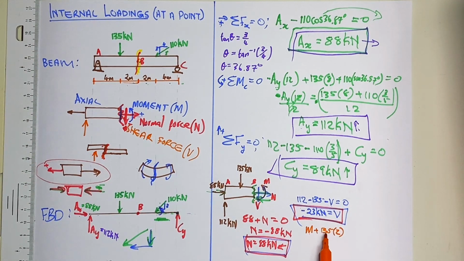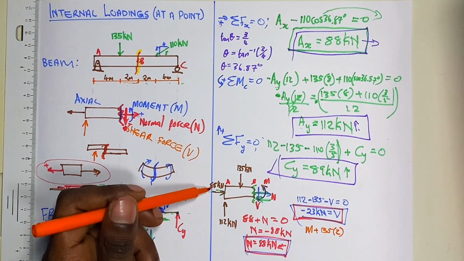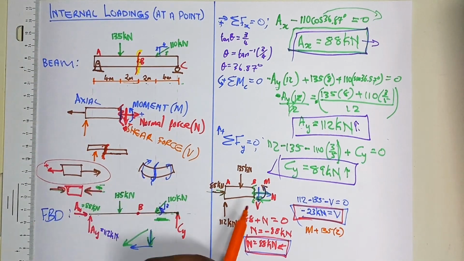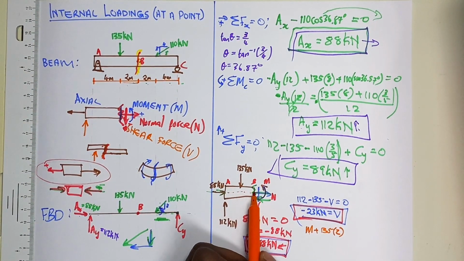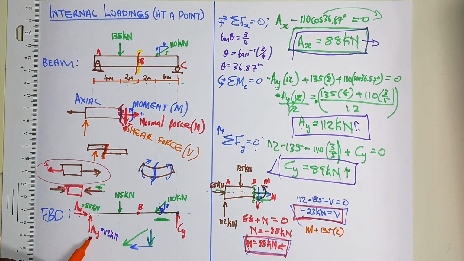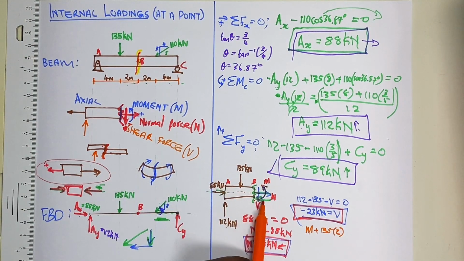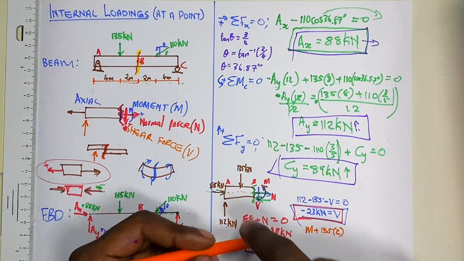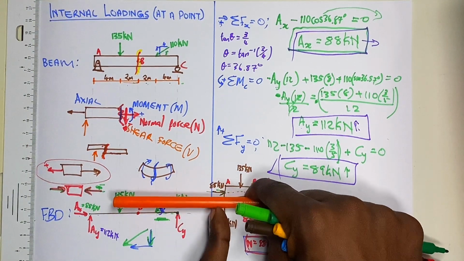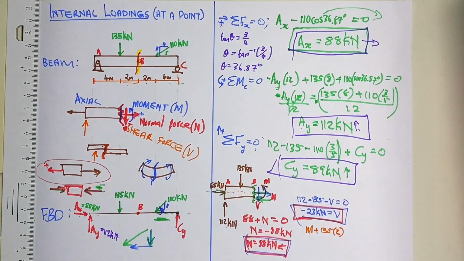Now after 135, where else do we get moment? Remember that the 88 will not cause any rotation or moment because it is acting in the plane of our reference point. Now 112, which is our AY, is causing some sort of rotation about B, because at this point, if B is there and we have a force, it is causing moment or rotation.